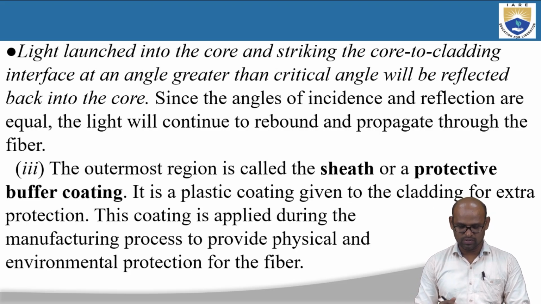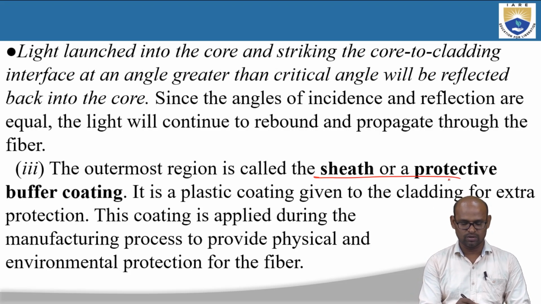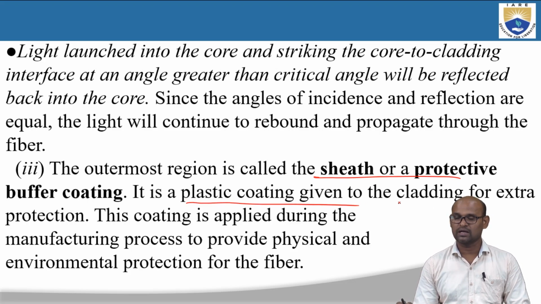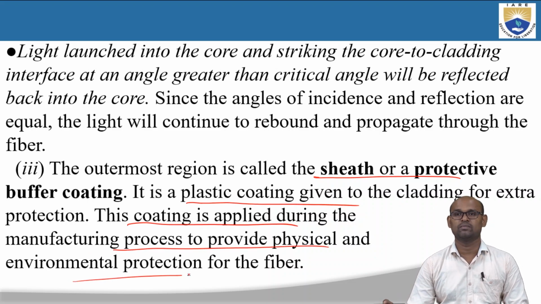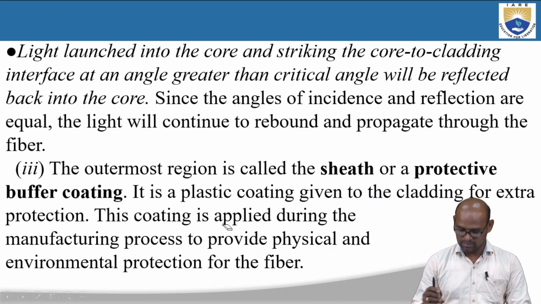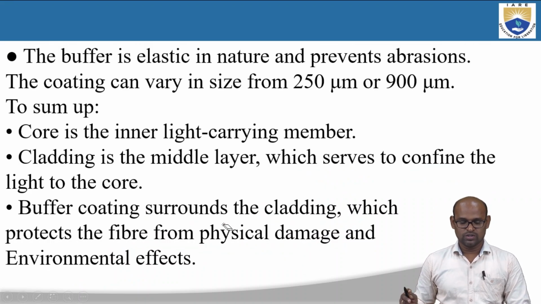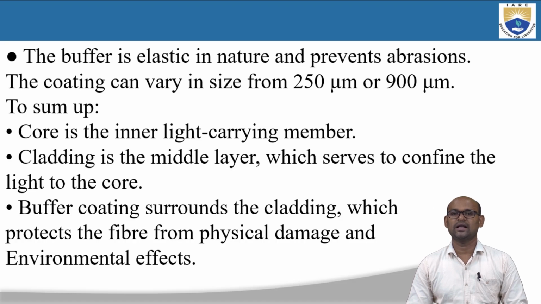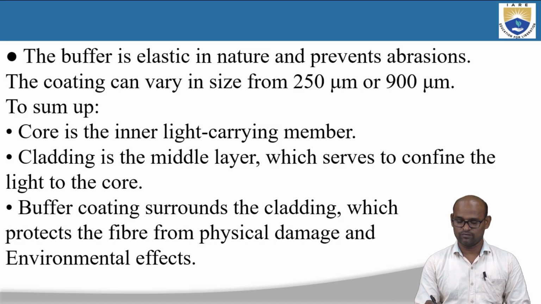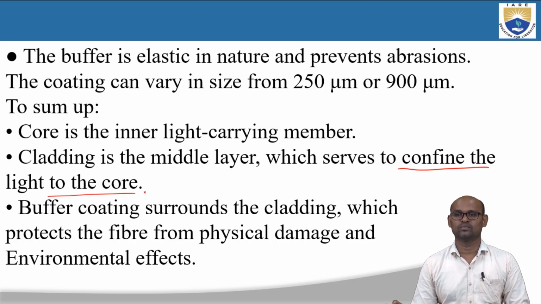The outermost layer is called the sheath or jacket, buffer coating. It is a plastic coating given to the cladding for extra protection. Basically, it protects the optical fiber from physical and environmental damage. To sum up, the core is the innermost light carrying member. The cladding is the middle layer which serves to confine the light to the core. It is very important.